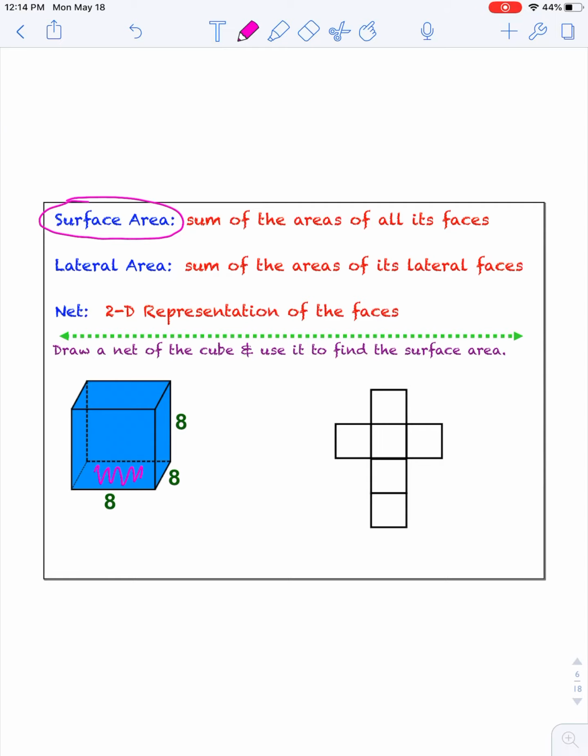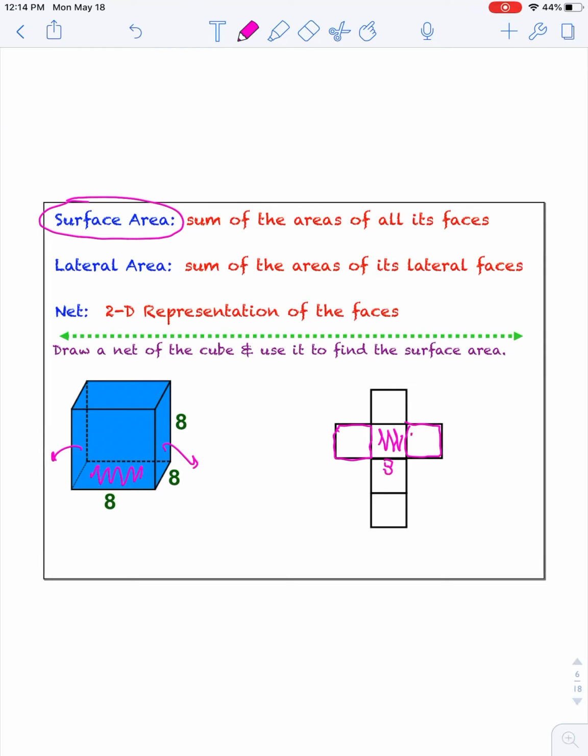So again, here we have this, and if this is the base right here, and I fold this down right here, and I fold this down right here, that would be these two faces right here. This is actually a cube, so all of the dimensions are exactly the same.